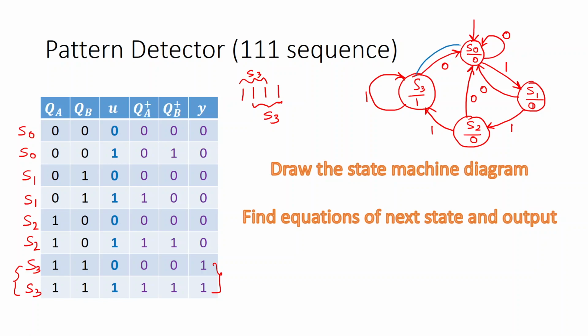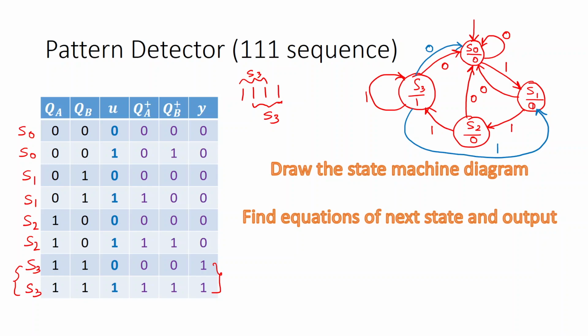So I write with blue, the 0 is this, it would go to the S0 state, but with 1 it would come to S1 state with 1. I hope you understand this. Okay, so that is the situation here.